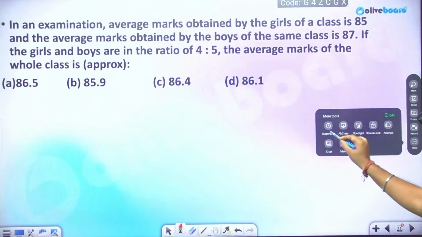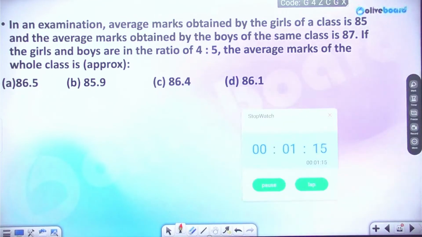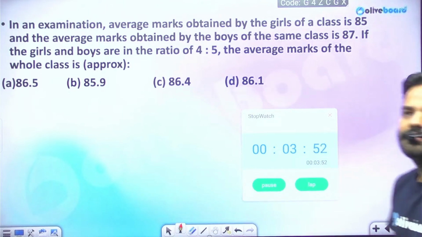See, this is a question of average. Let's see who is doing it.